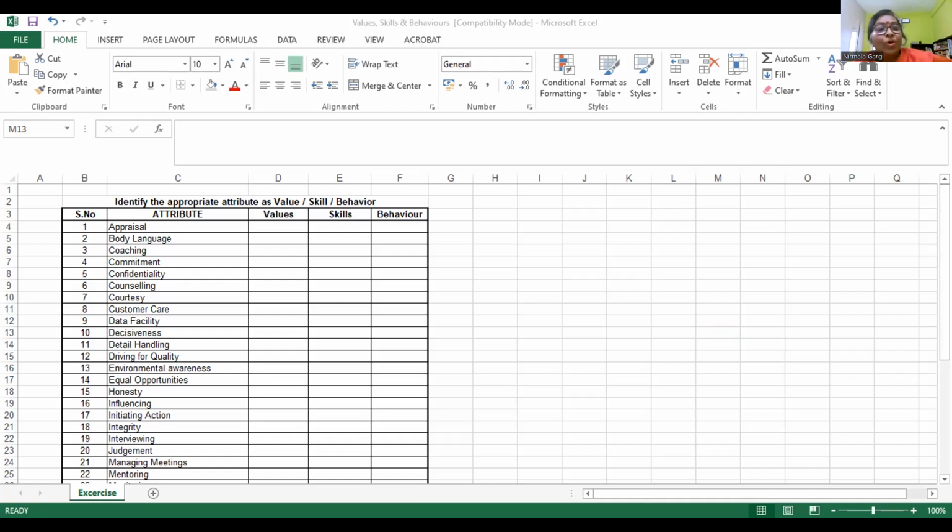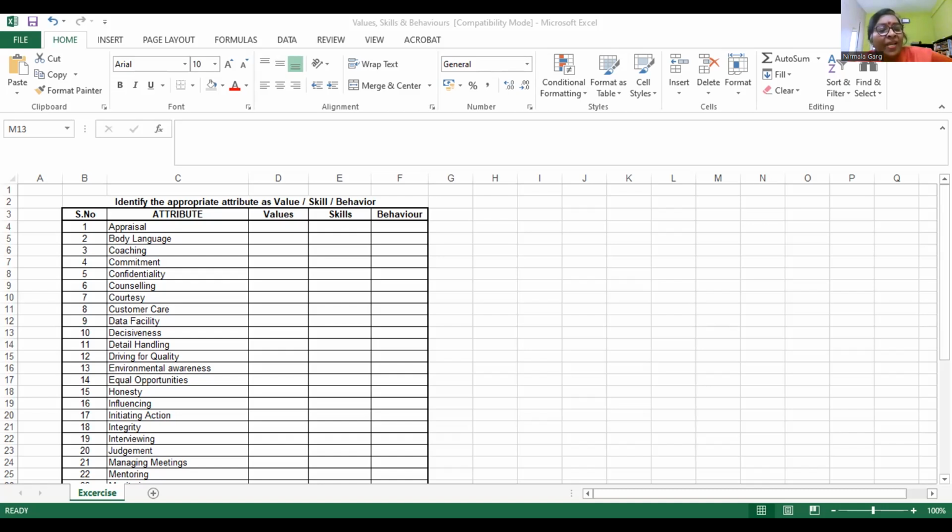You know what a skill is: the ability to do something, right? And a value. For example, appraisal. That means I'm doing annual increment appraisals, etc. So there are a lot of things in it. It is a skill. Likewise, I want you to tick quickly. You can open your document. If you don't have it, Vilma can send it across to you.